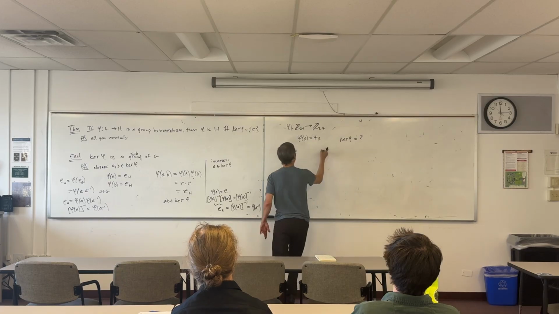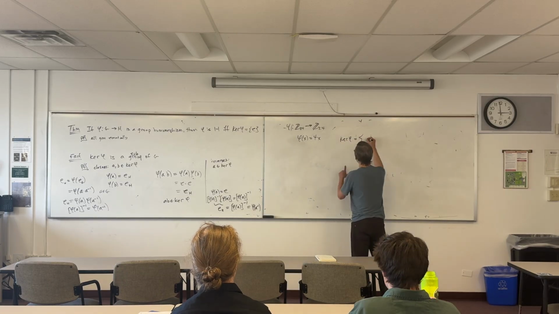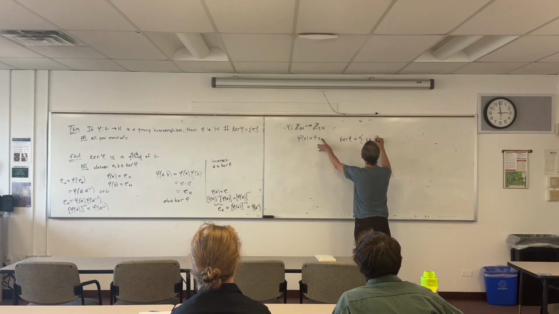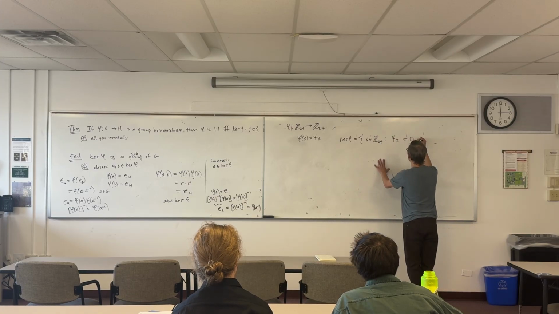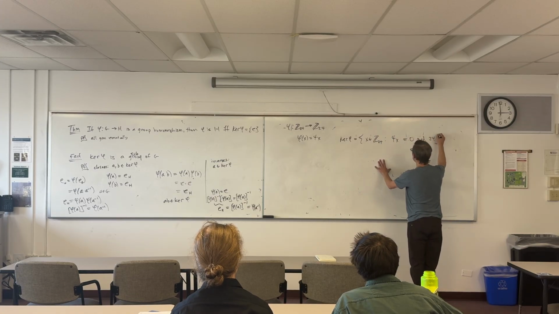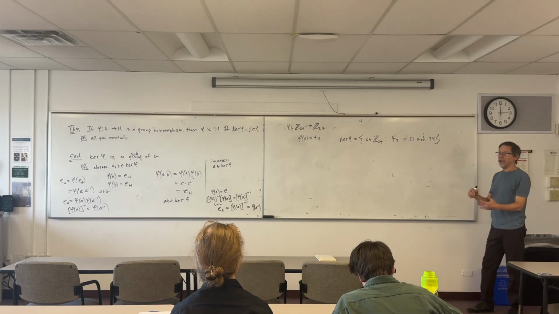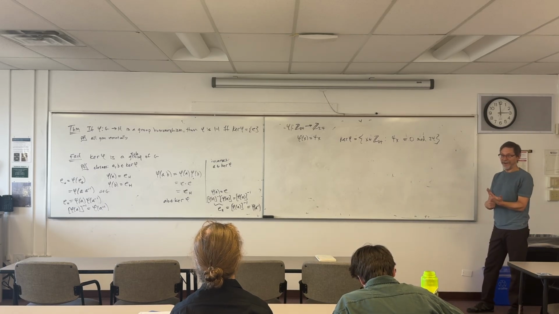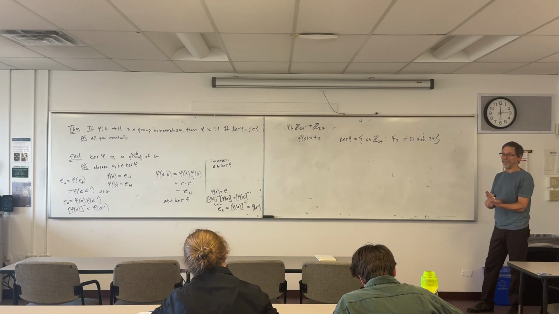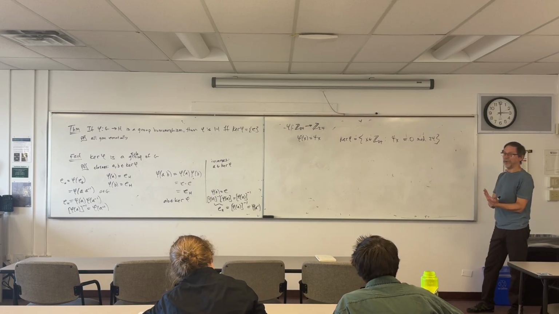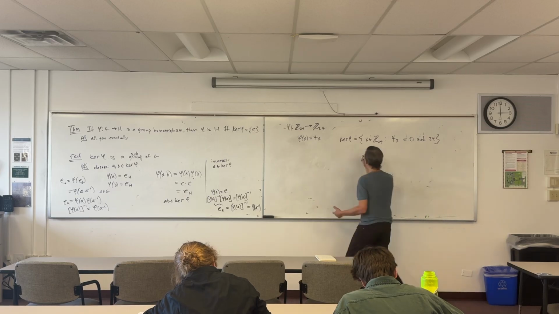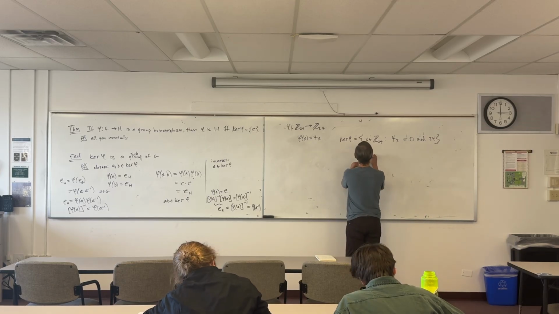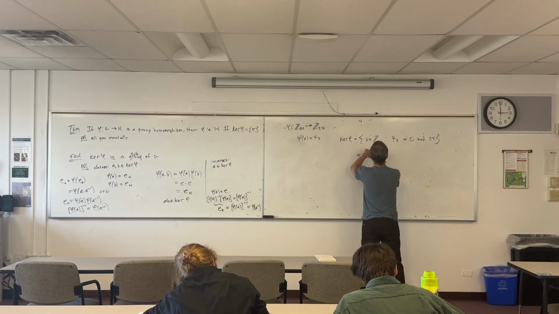So let's talk about this. The kernel of phi is the set of all x in Z24 such that 4 times that x is equal to 0 mod 24. 4 times 12 is 48. So this kernel is going to be 0, 6, 12, 18, and I think then 24, like you guys said.